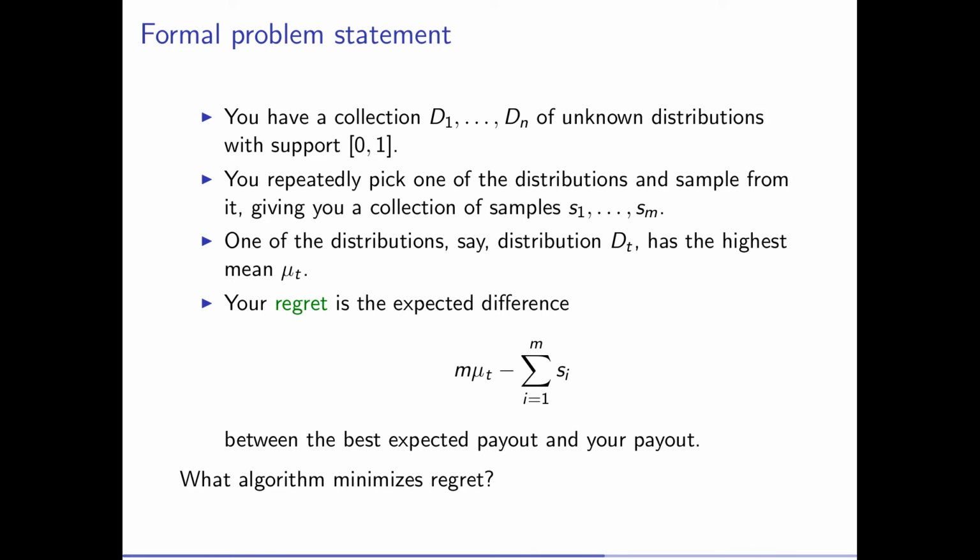And the regret of an algorithm for choosing which distributions to sample from is the expected difference between the actual payout they see and what the max payout would be if they did the optimal thing. So that's the number of times you play times the best average, minus the sum of the actual samples you saw. The expectation of this thing is called regret, and we'd like to find an algorithm that minimizes regret as much as possible.